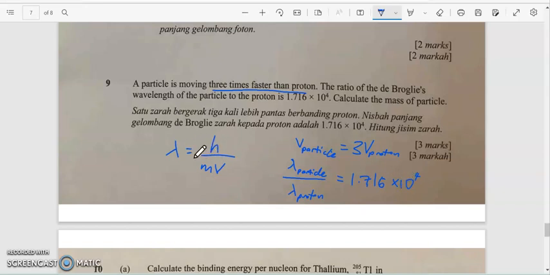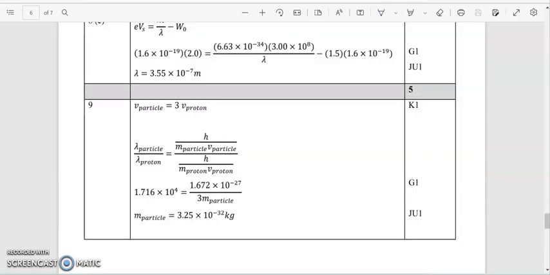Now we can substitute lambda equals h over mv into this ratio. The wavelength of the particle is h over mv, m the mass of the particle, v the speed of the particle, divided by h over mv for the proton.